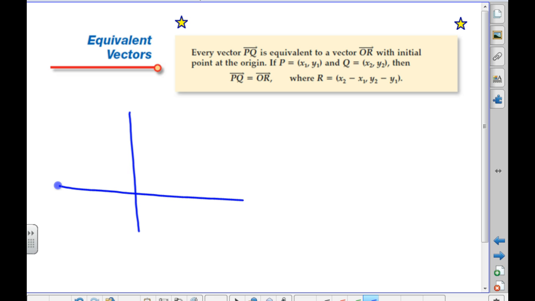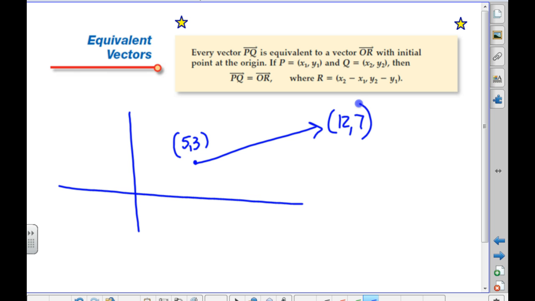If I have a vector that starts here at 5, 3 and ends up over here at 12, 7, okay, I can find an equivalent form of that vector by taking that vector right there and sliding it to the origin, okay?